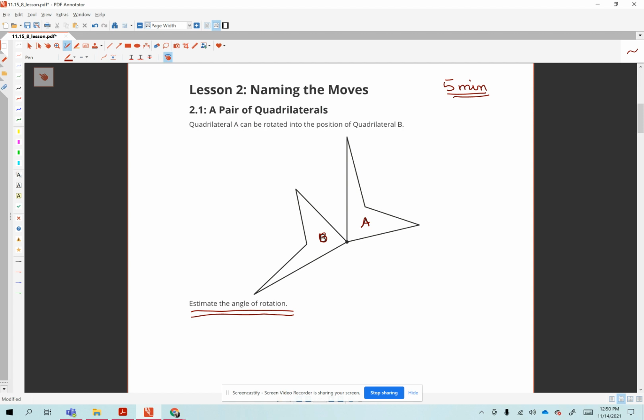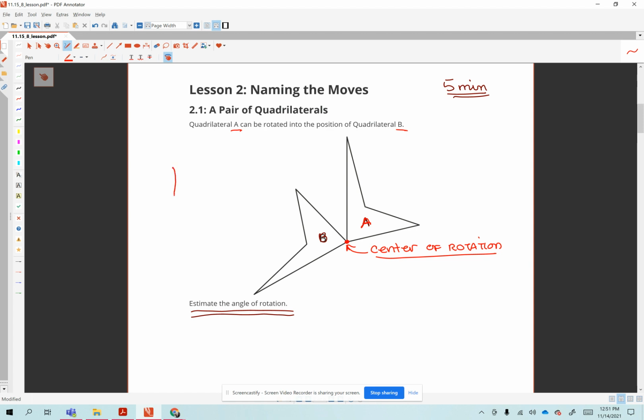So I hope you've worked with this and thought about this. We have something here called the center of rotation right here. And we are asked to look at this as figure A rotated into the position of figure B. So we're starting with figure A, and then it gets rotated somehow on this center of rotation onto figure B. We know a couple of things.